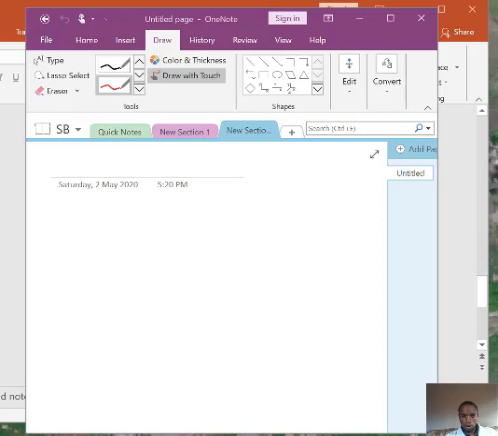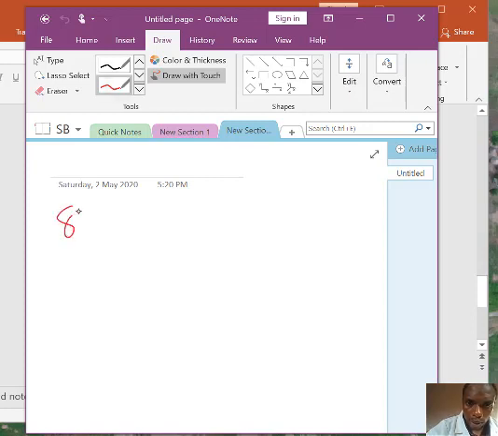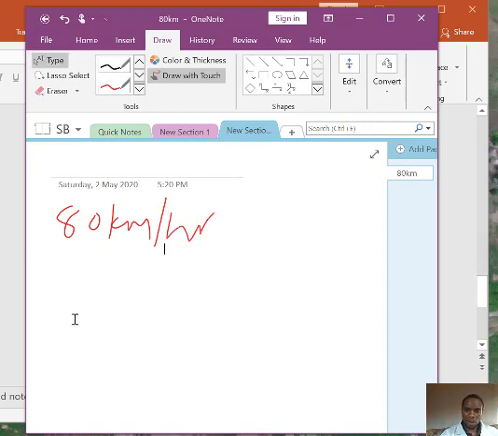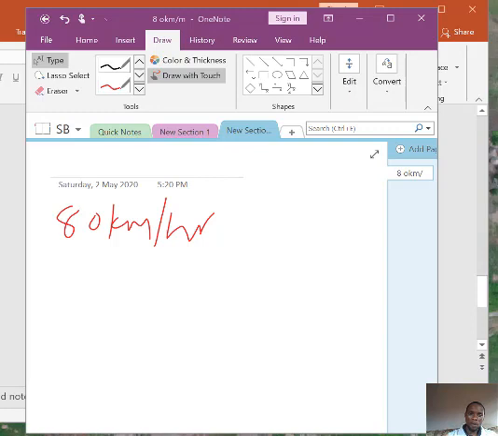So calculating in meter per second, we can convert 80 kilometer per hour to meter per second. You just multiply by 1000 and divide by 3600.